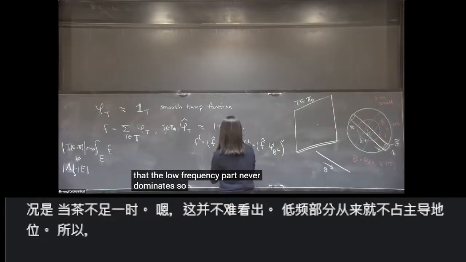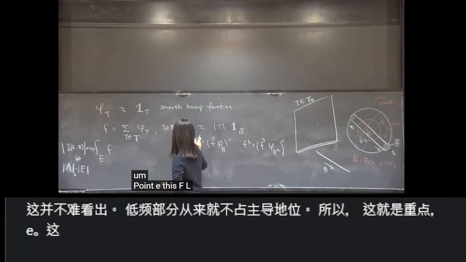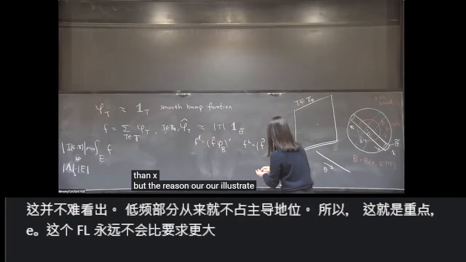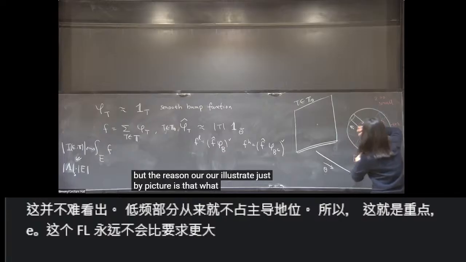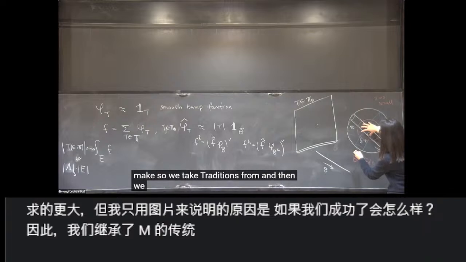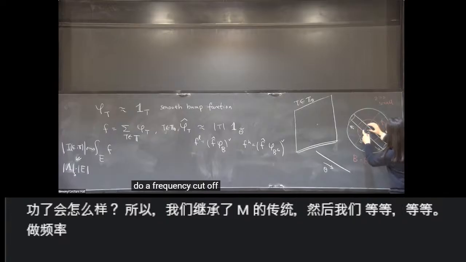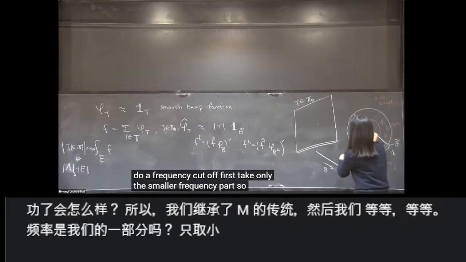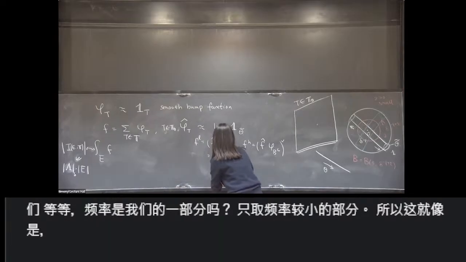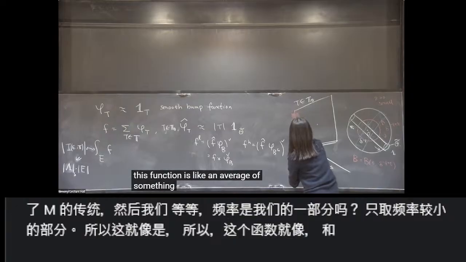So at the point E, this F_L can never be bigger than F. The reason, which I will illustrate just by picture, is what happens if we take a Fourier transform and then do a frequency cutoff, taking only the smaller frequency part. So this function is like an average of something that's bigger than theta.